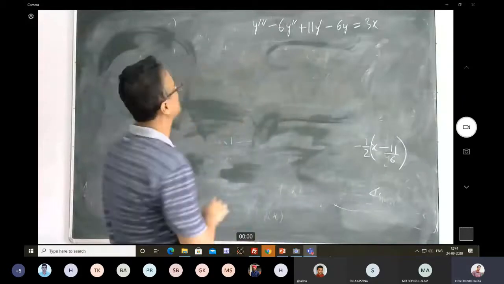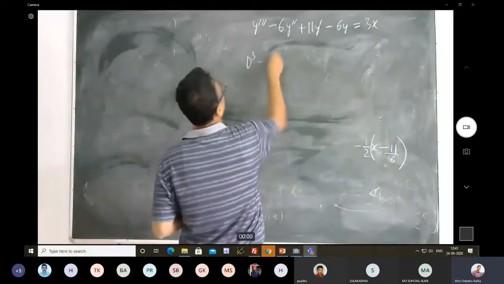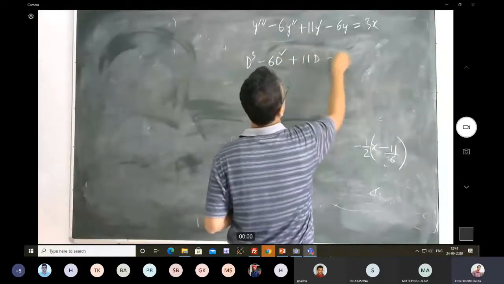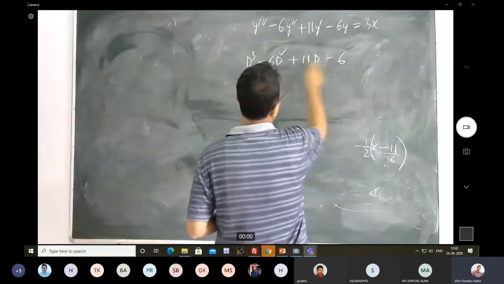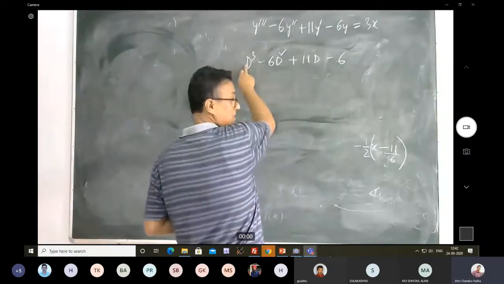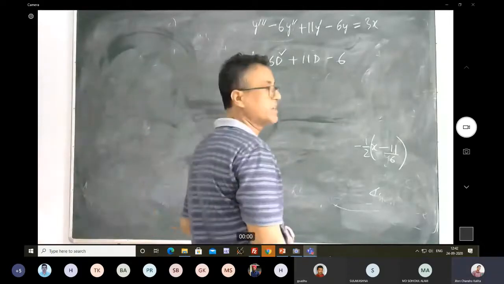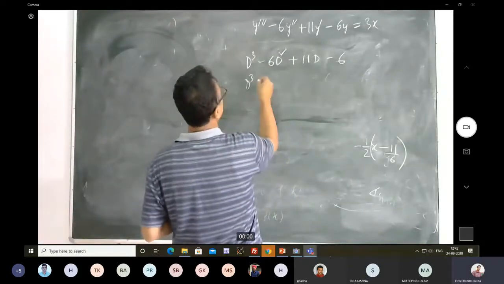And again, you know what the auxiliary equation is. It is something like D cubed minus 6D squared plus 11D minus 6. So see, 1 minus 6 plus 11 minus 6 is zero, so you know that D minus 1 is going to be a factor, isn't it? So how can we do that?